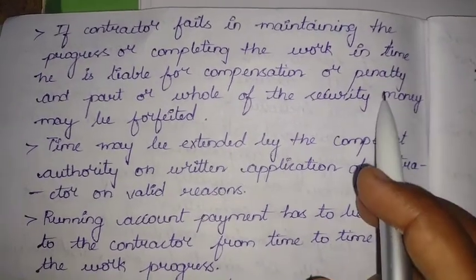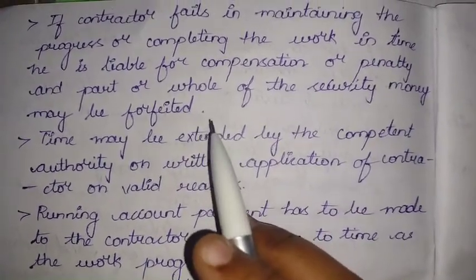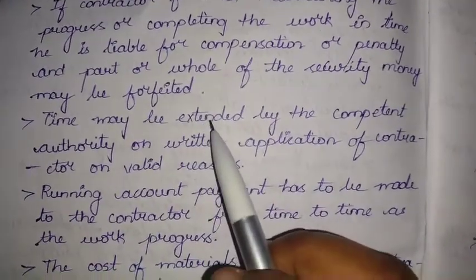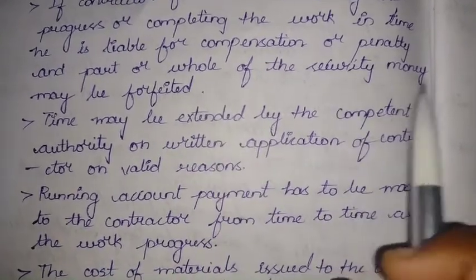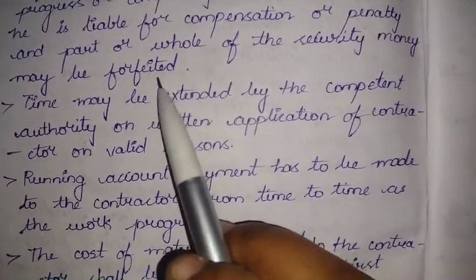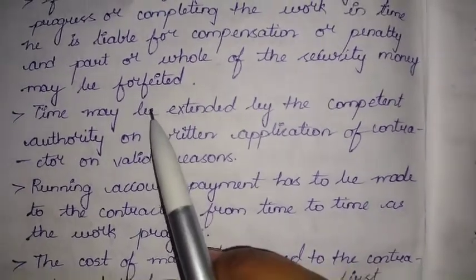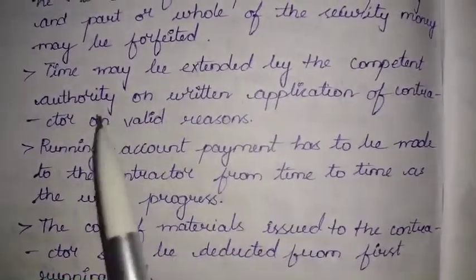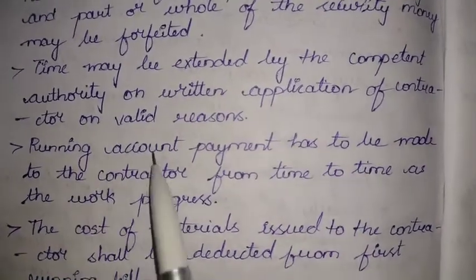And sometimes when it is more than the acceptable part, the security money which we deposited initially will also be forfeited by the company. Time may be extended by the competent authority on written application of the contractor on valid reasons.